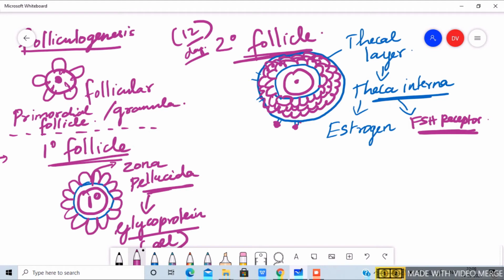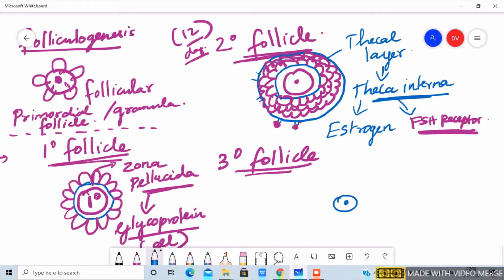Now what happens thereafter? Slowly, the next day, it will turn into the tertiary follicle. During that phase, what are the changes happening? One more layer forms, which is known as theca externa. I will draw that. From the middle we will start.